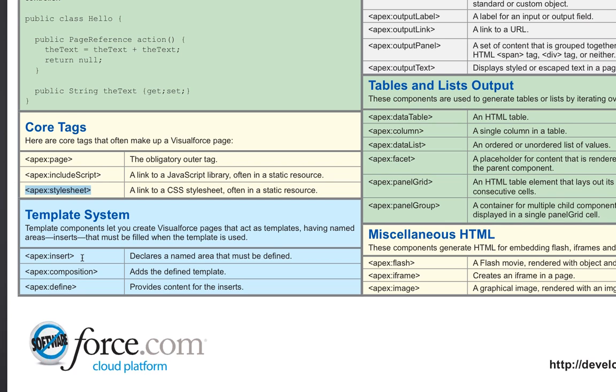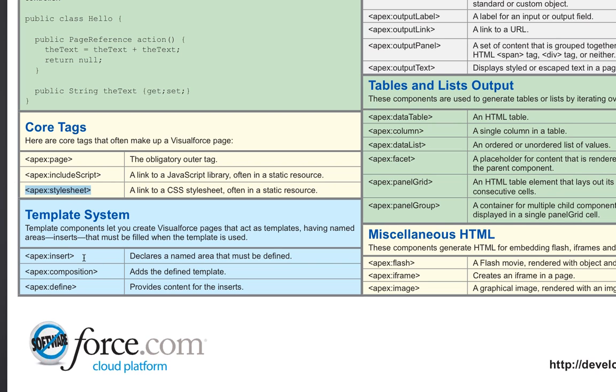And this tag is Apex style sheet. So for any HTML page, you can include JavaScript. You can even include CSS also. In the same way, Apex style sheet is useful for inserting a style sheet. So this file ends with .css. JavaScript files end with .js. Style sheet files end with .css.